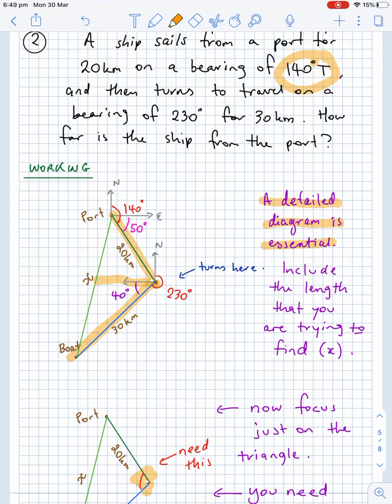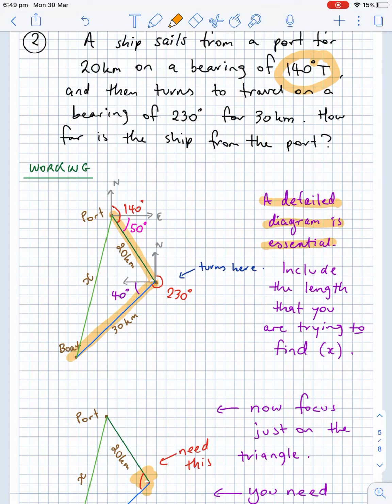Now, west is 270, so therefore there's an extra 40 in here. So the 230 and the 40 will have to make a total of 270 to get to the western line. So I know that this angle in here is 40.